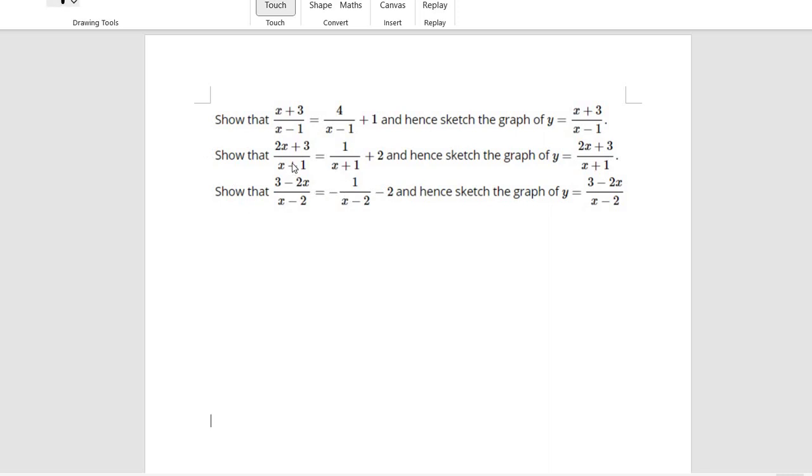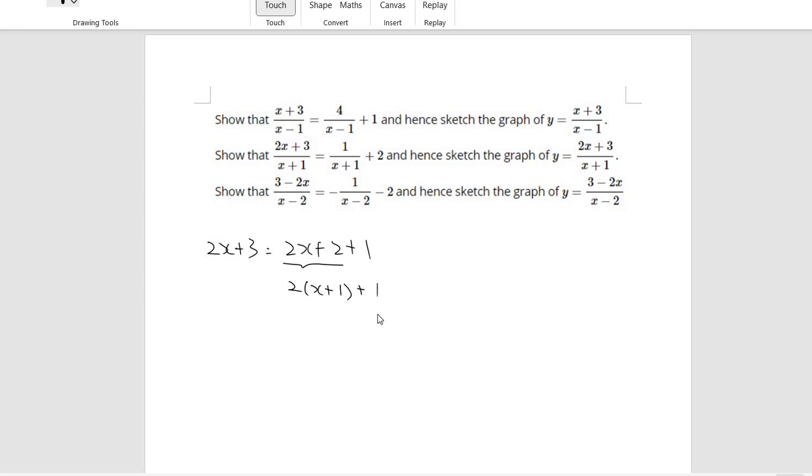I can use long division if I wanted, but I can actually just pull this apart. Given that 2x plus 3 can be rewritten as 2x plus 2 plus 1. Why I'm doing that is because 2x plus 2 is twice as big as x plus 1, isn't it?